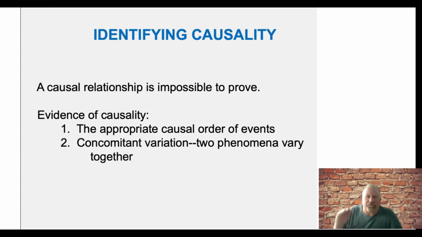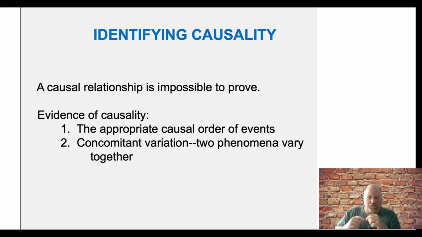The second is what we call concomitant variation. That is, the two phenomena vary together. So every time we put out a new ad campaign, we see an increase in sales. Every time we don't have an ad campaign, we don't see increases in sales. Or, for example, with our drug example, when we give a person the real drug, we see them getting better. When we don't give them the real drug, we don't see them getting better.